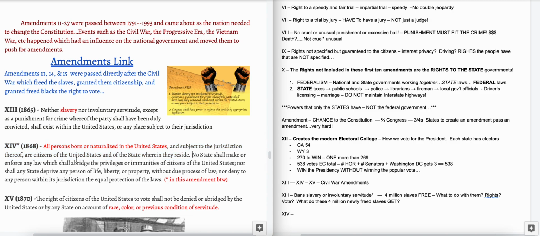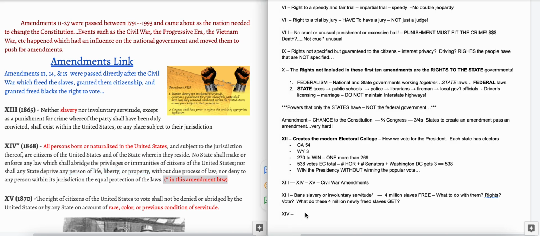No state shall make a law which abridges or prevents their privileges or immunities of the citizens. These people cannot be denied the right to life, liberty, or property. Huge asterisk. Okay? The 14th Amendment means rights to freed blacks after the Civil War.